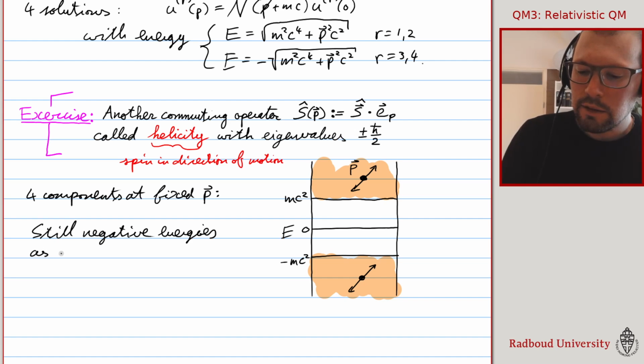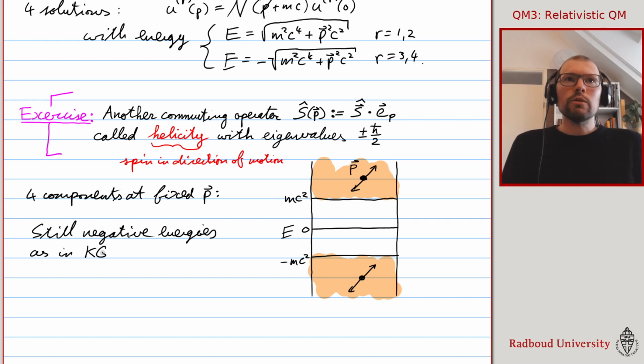Now it's not due to us squaring the dispersion relation and getting this minus sign ambiguity. Now it really comes from this first order equation having multiple components that can have solutions for the energy of both signs.